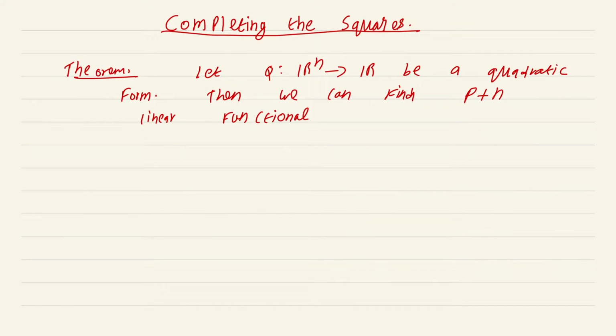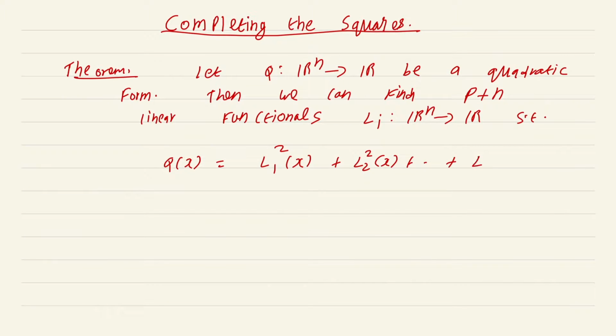P plus N linear functionals Li from Rn to R such that Q of x is nothing but L1 squared x plus L2 squared x, up to LP squared x. Afterwards, the sum of squares starts to become a difference of squares. So minus LP plus 1 squared x, up to minus LP plus N squared x. So there are P positive squares and N negative squares, and all of them are summed together, and that's going to be the quadratic form.